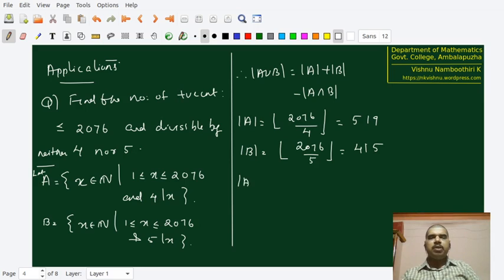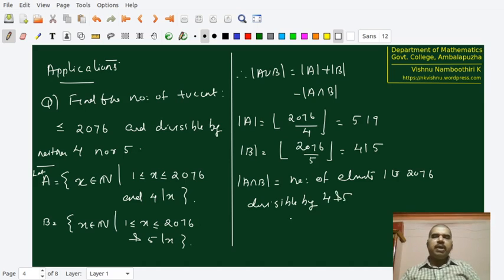Now what about the cardinality of A intersection B? A intersection B is the number of elements from 1 to 2076 divisible by 4 and 5.